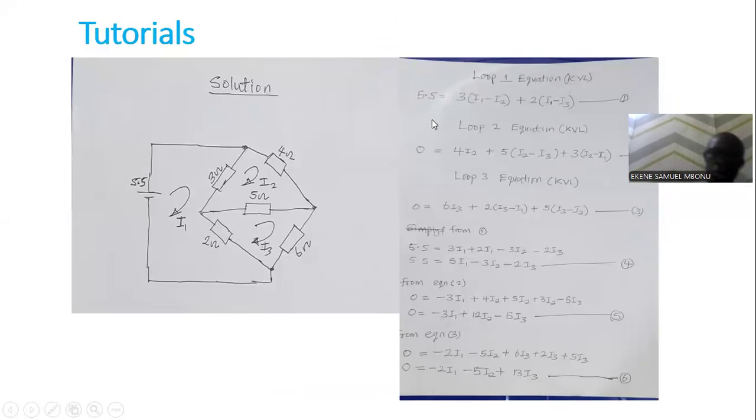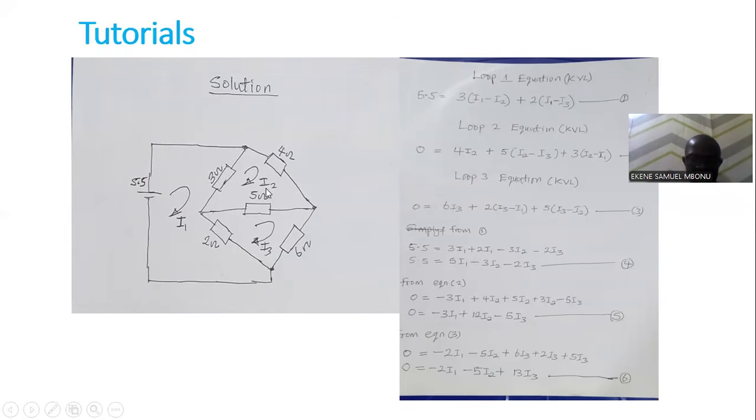We begin to develop the loop equations. For the first loop, 5.5 is equal to 3 into I1 that is coming down, minus I2 that is moving up, plus 2 into I1 coming down and I3 minus I3 moving up. That's the loop equation. For loop 2, the principal current there is I2.